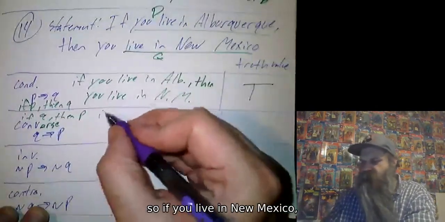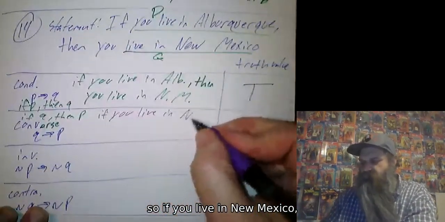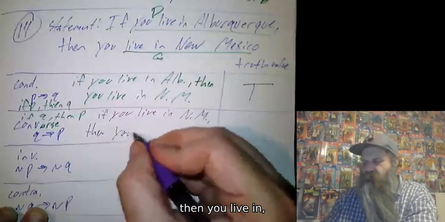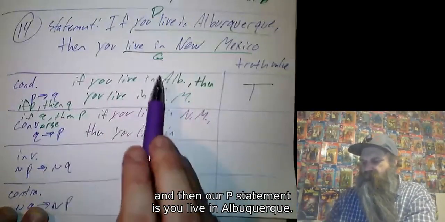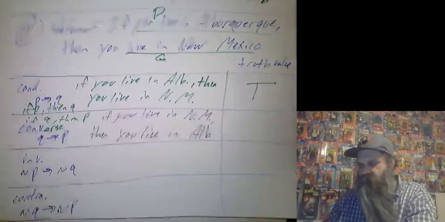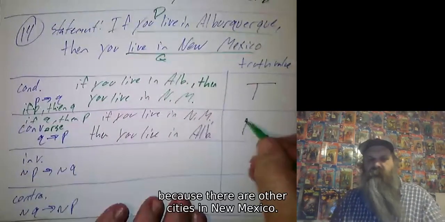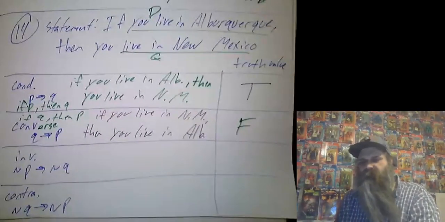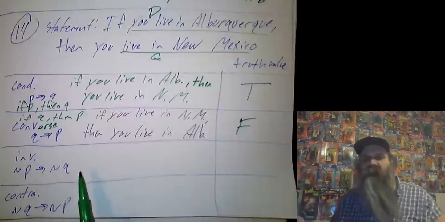Q is the statement you live in New Mexico, so if you live in New Mexico, then you live in Albuquerque, our P statement. And of course that is false, because there are other cities in New Mexico. I can't think of any, but surely there are.